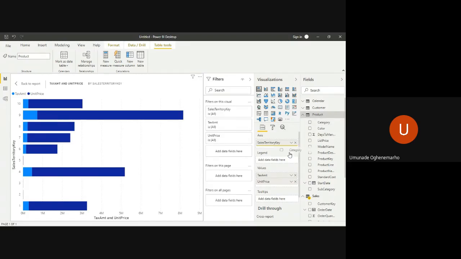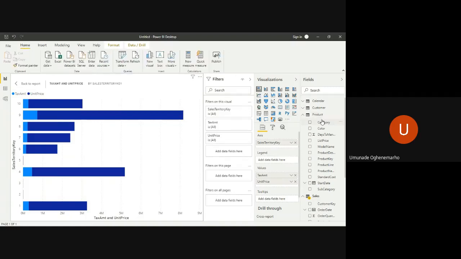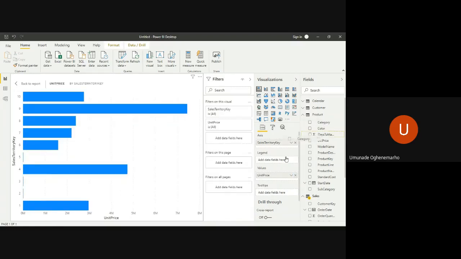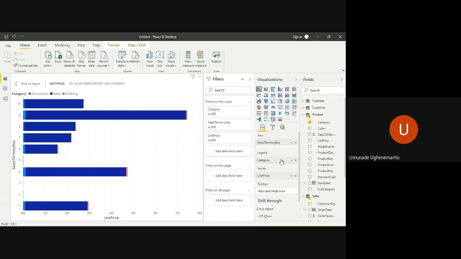Can you see that the legend is not accepting it? Look closely again. That is because we already have more than one value here. But if we remove, let's say, tax amount, and we bring the category here, the legend accepts it.